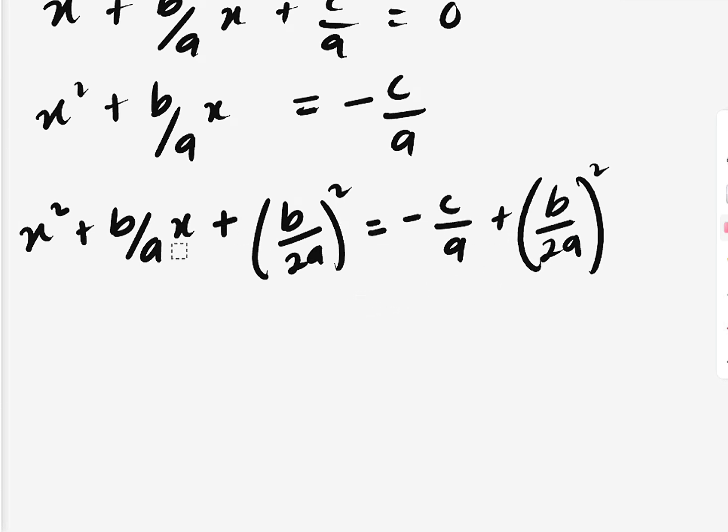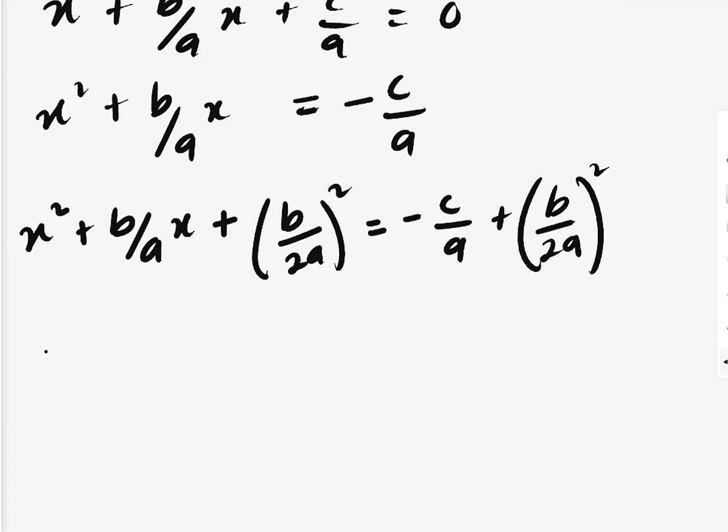Now we're not going to leave this like this. The left hand side still needs some adjustment, and the final adjustment is that we compress it into the perfect square form. That is, it should have a square. It should be a binomial expression raised to power 2.